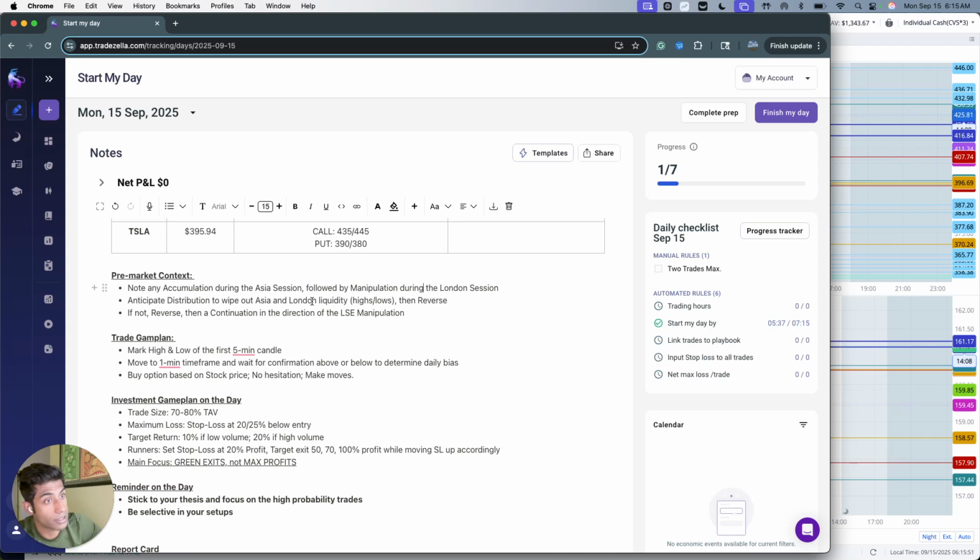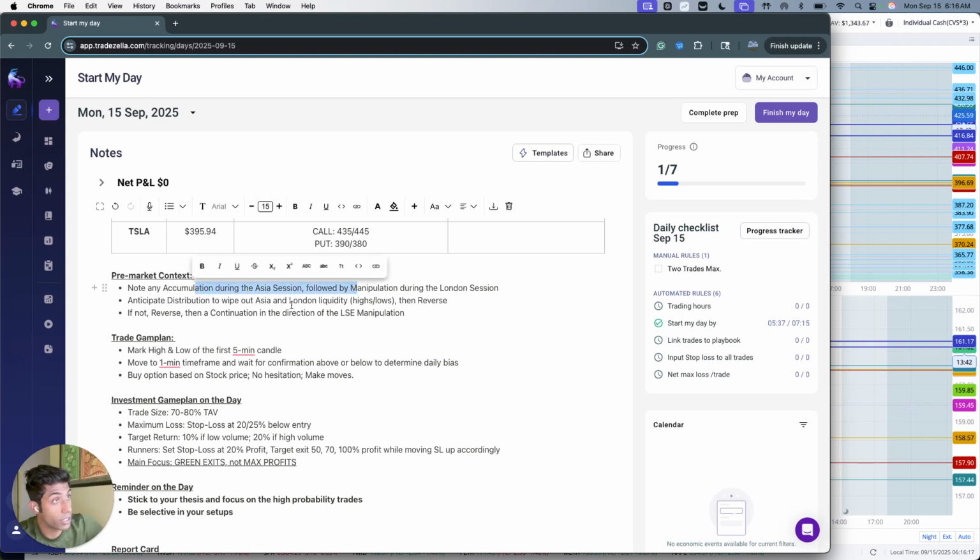I'm looking at this AMD strategy of identifying accumulation, manipulation, and then distribution into the market at the open of the New York trading session, which typically holds a ton of volume in that first 30, for sure, 30 to 90 minutes.